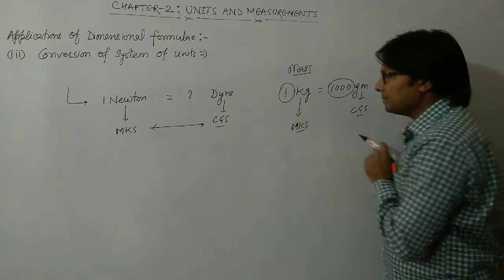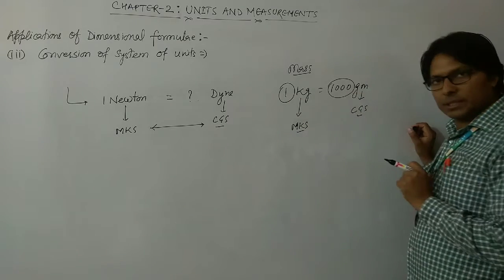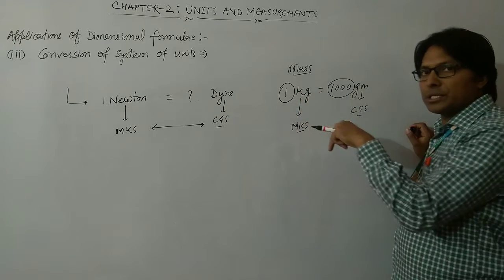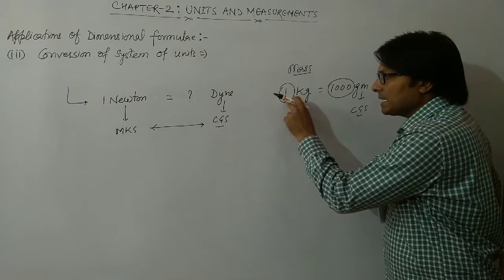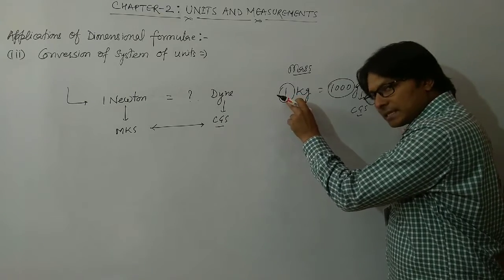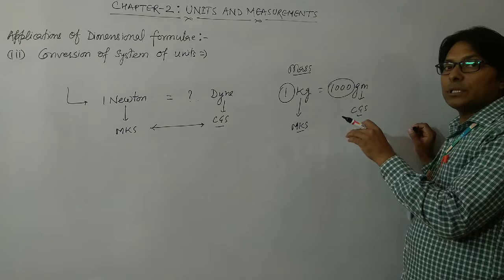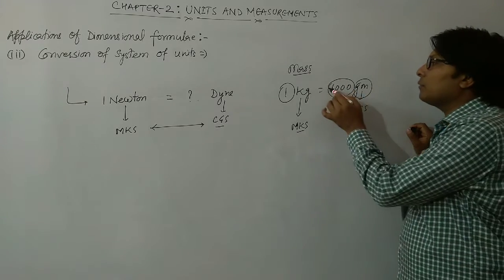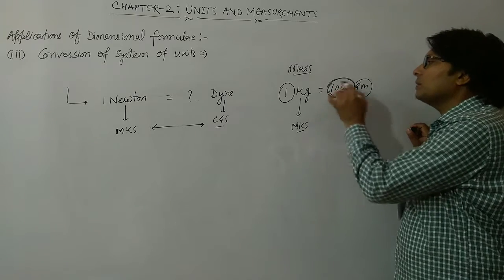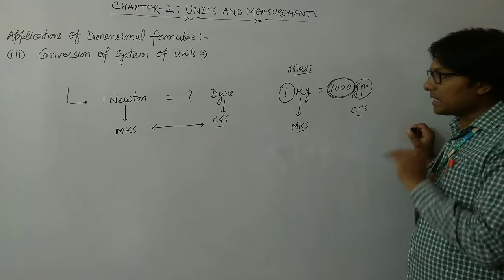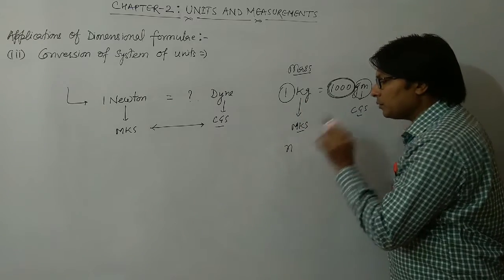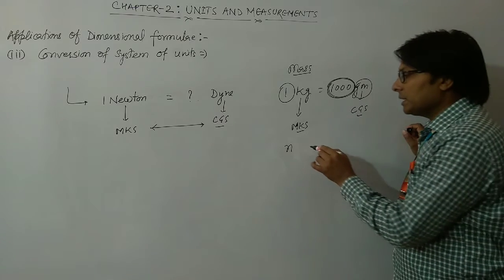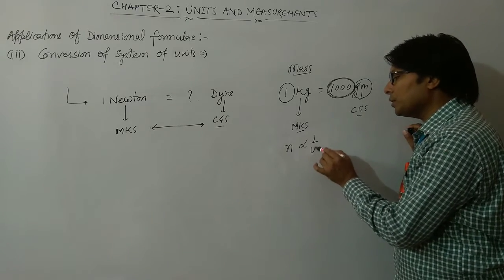Here it is 1 and here it is 1000. When we are using a bigger unit, the numerical value becomes less, while if we use the smaller unit of that physical quantity, then we have to use a larger numerical value. So we can say the numerical value, or magnitude, of a physical quantity is inversely proportional to the unit.